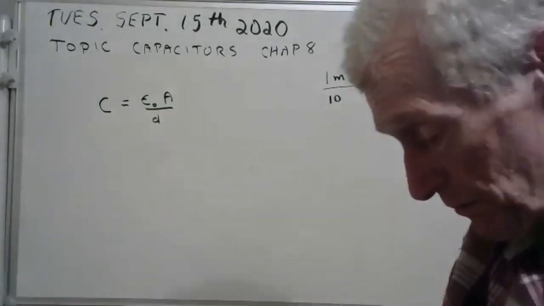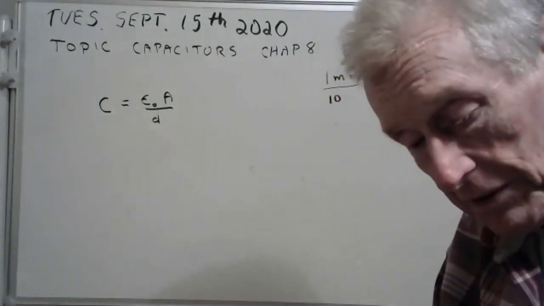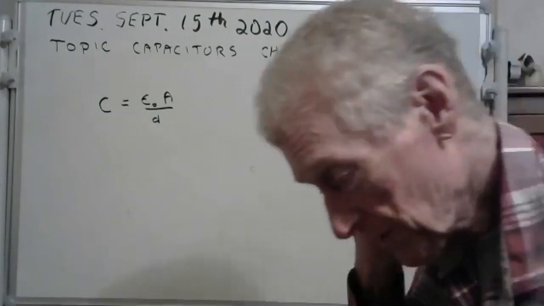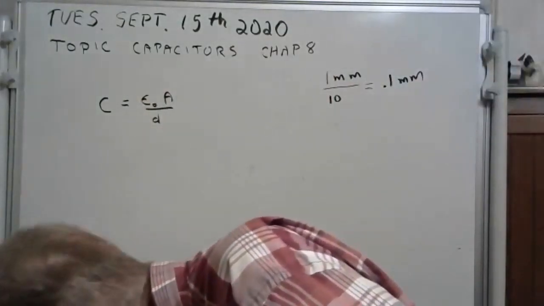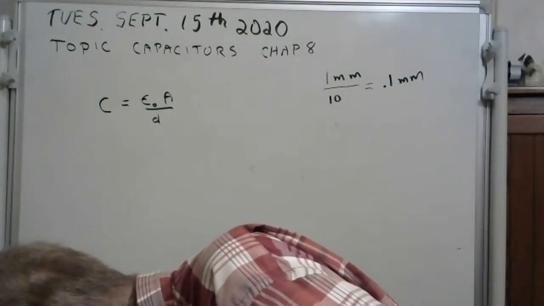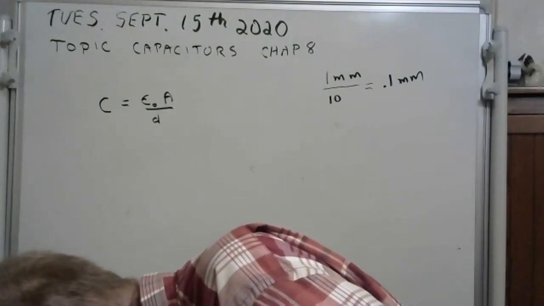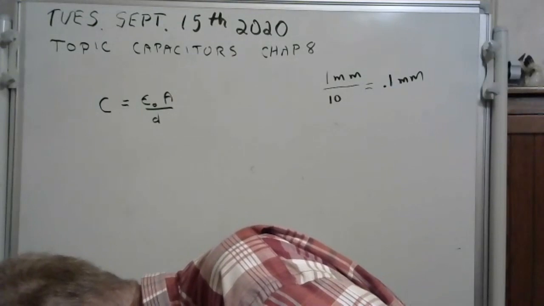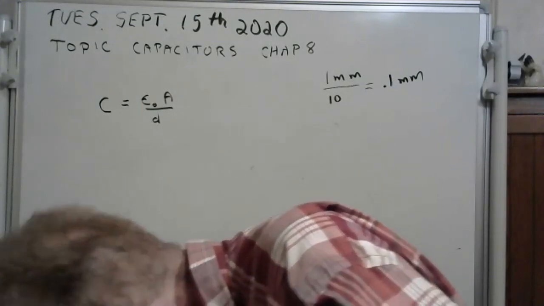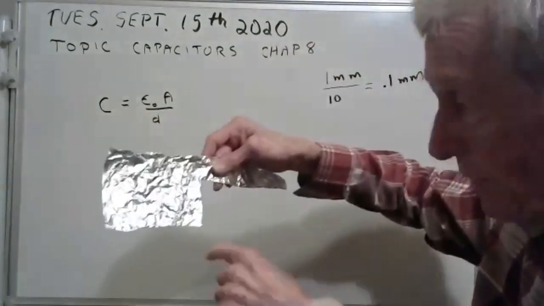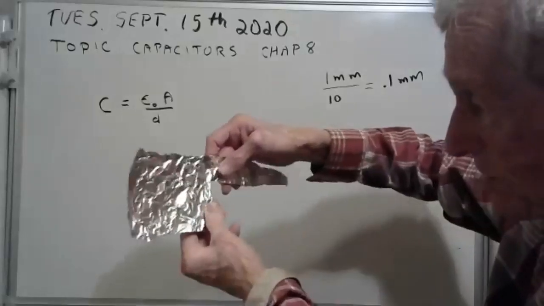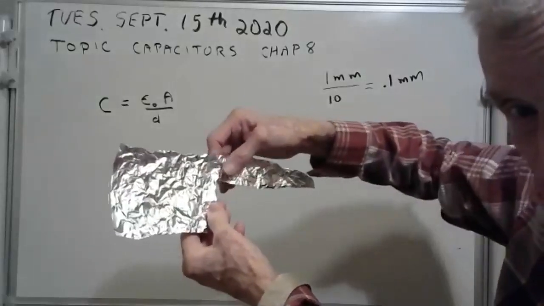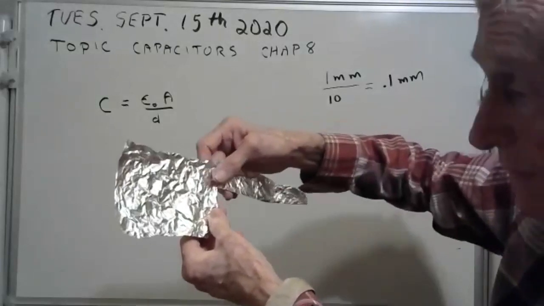And the area. Oh, wait a minute, we didn't get the area of our plates. So let's do that. Got to have the area. What I'm talking about is this rectangular area. See, this here is just the connection. We have to have a connection.